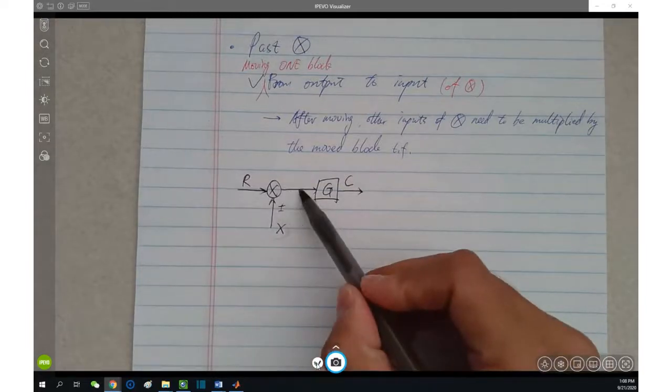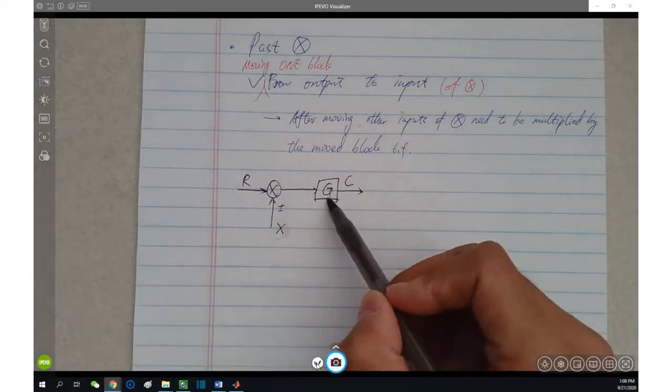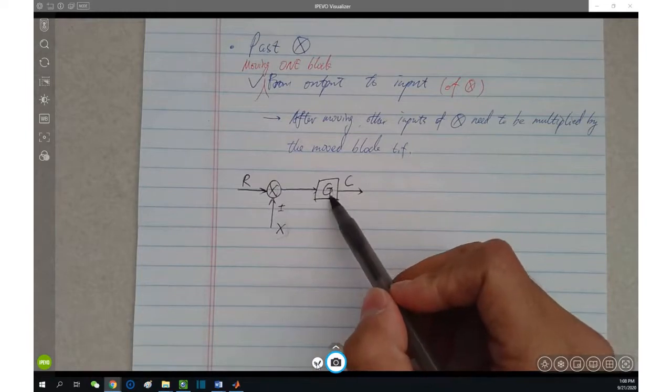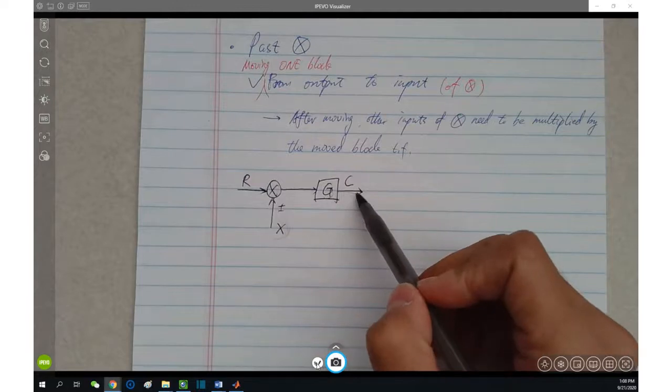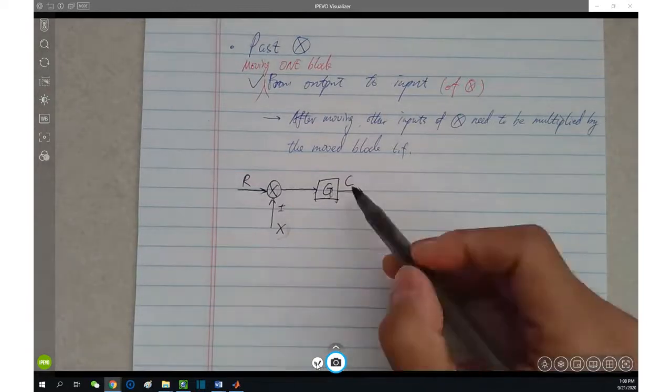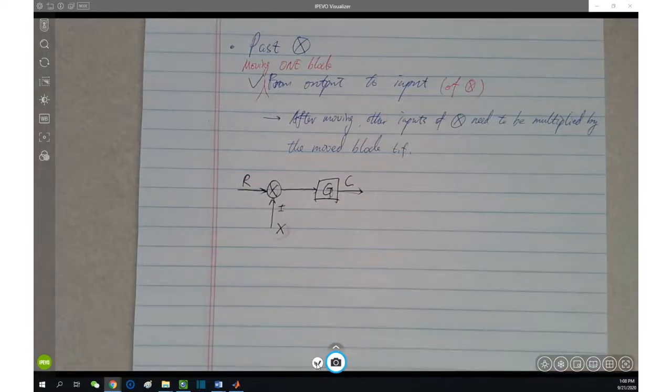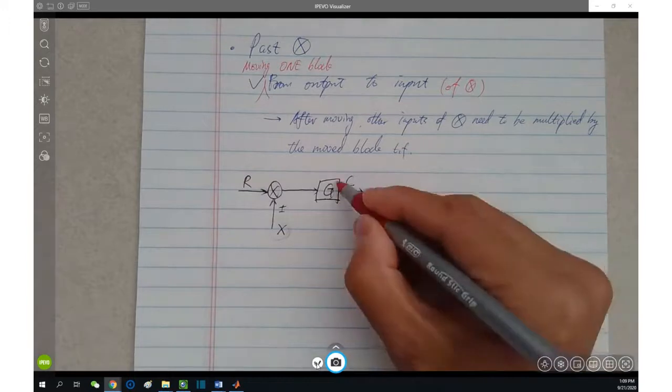Now the output of the summing junction is feeding this block with transfer function of G, capital G. And then we have output from there, which is C. If this is clear, then let's assume we are trying to move this block G.